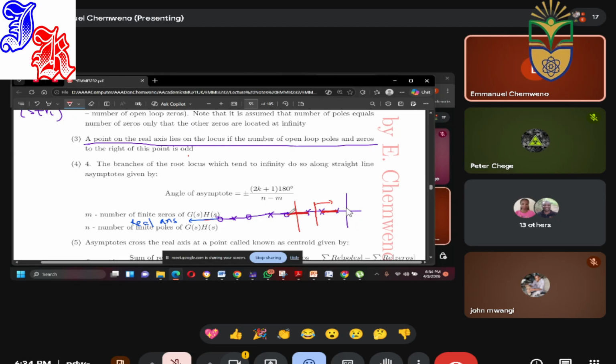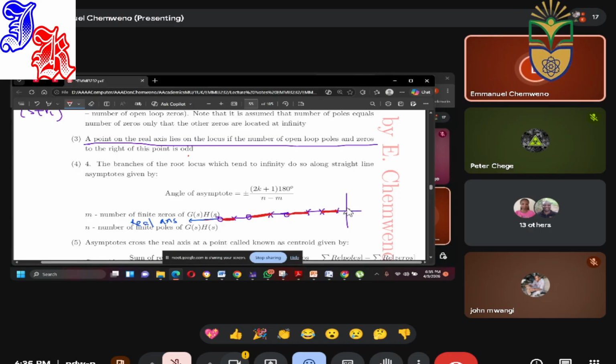I'll just look to the right: 1, 2, 3, 4, it's even. 1, 2, 3, 4, 5, it's odd. So this is part of the locus. That's the meaning of that rule.